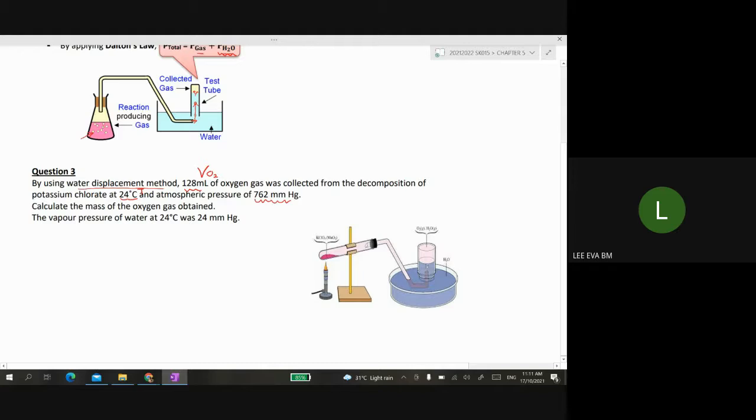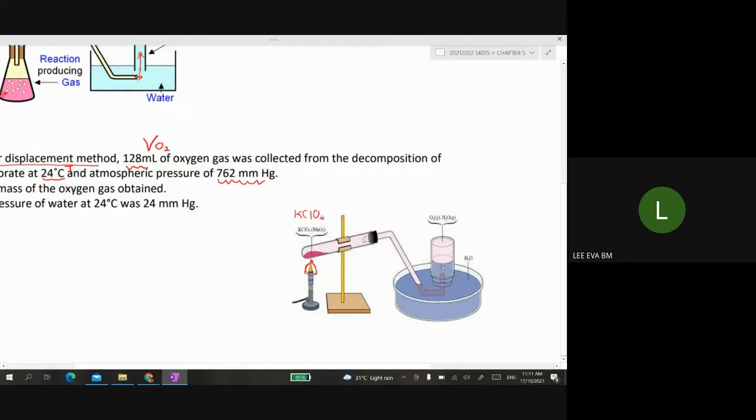Okay, so imagine here we have a process. When we burn our potassium chlorate, if you can't see this, you can write bigger. This is an example that Madam gave, it is not in the notes. You can simply draw your own diagram. But just to let you know, burning of potassium chlorate will release oxygen gas.